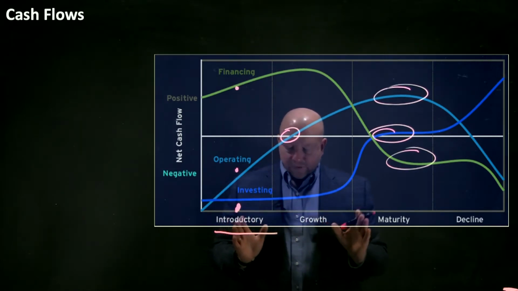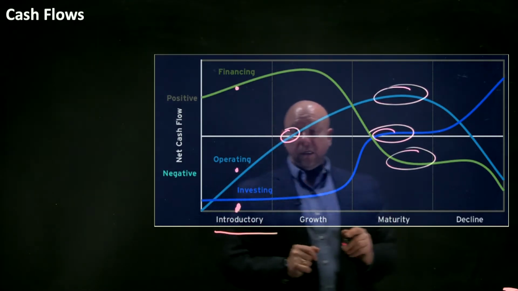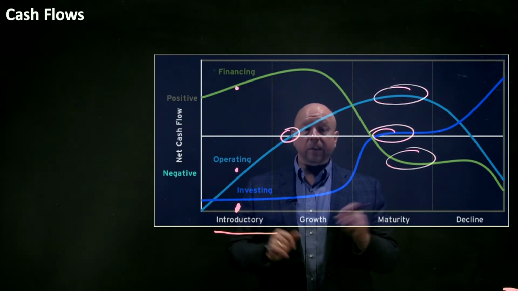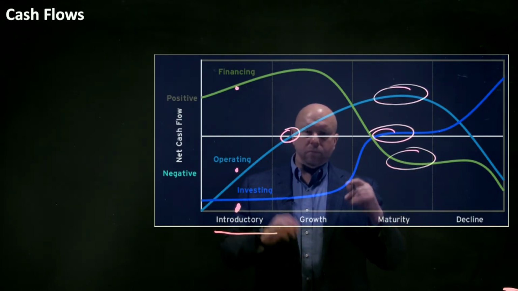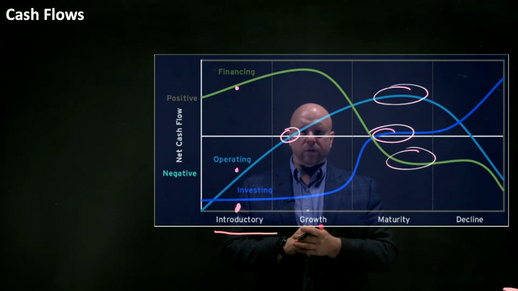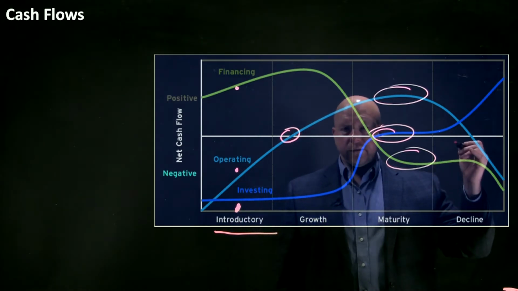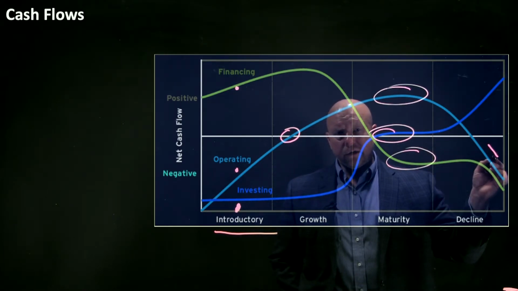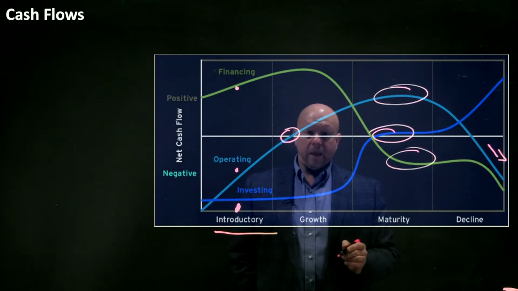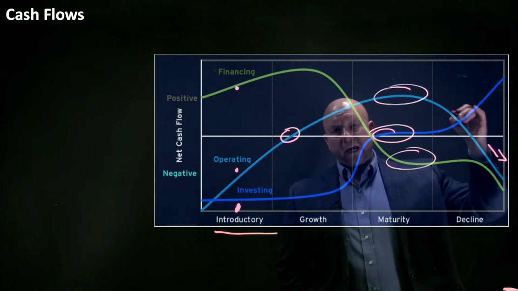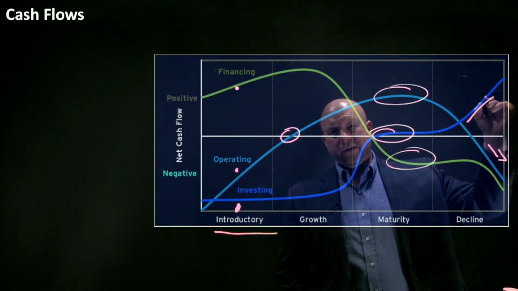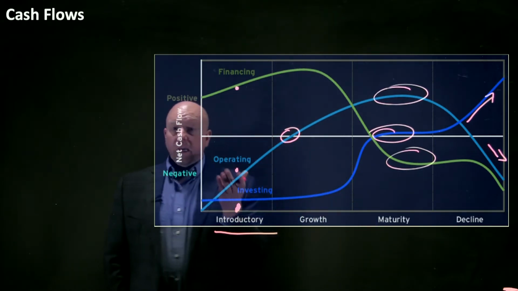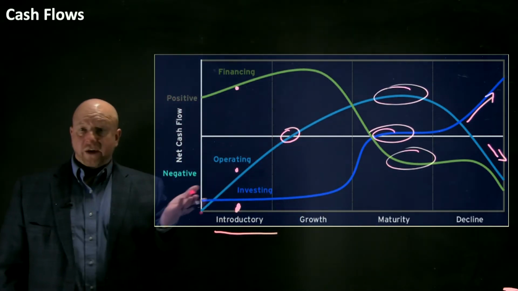Now, if a company eventually hits the decline stage, now, not every company does, but plenty of companies do, look at what it would look like. Okay, how do these cash flows look when we get to that decline stage? The operating cash flows may certainly start to trend toward negative. Now, the investing cash flows become positive. Think about what's happening. If a company is in decline, it's probably going to sell its productive assets.